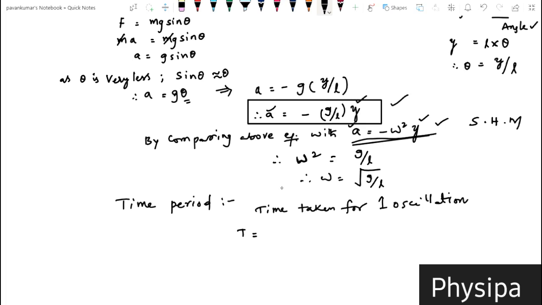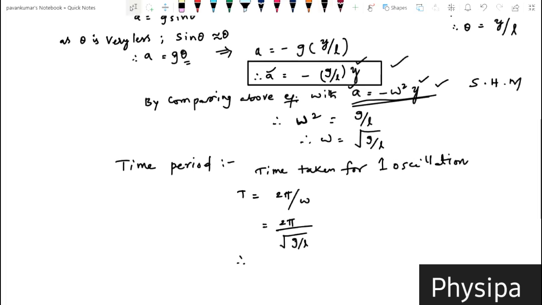The time period can be represented as T is equal to 2 pi by omega, and omega we have already derived as square root of g by L. Therefore the time period of a simple pendulum T is equal to 2 pi square root of L by g.